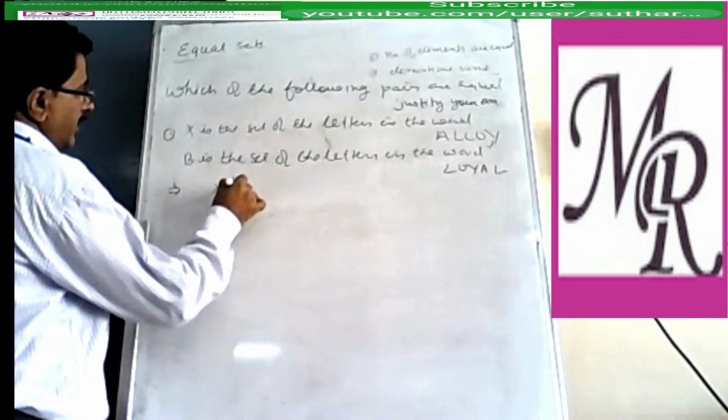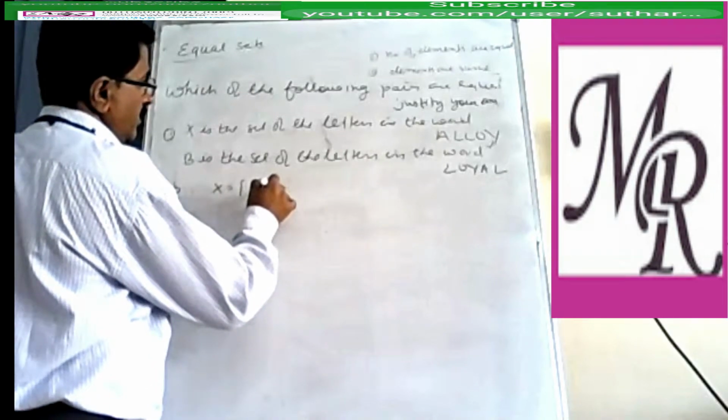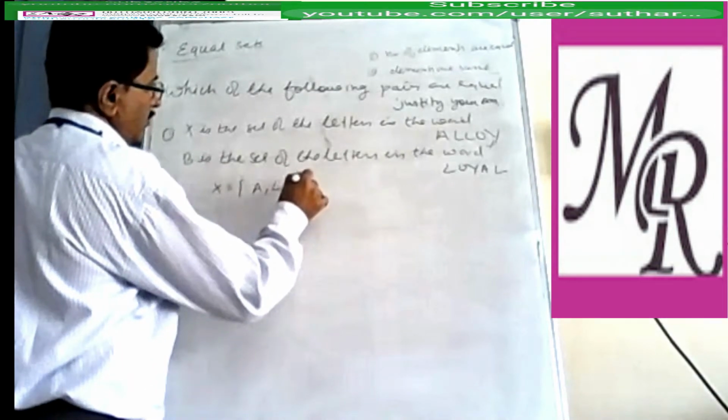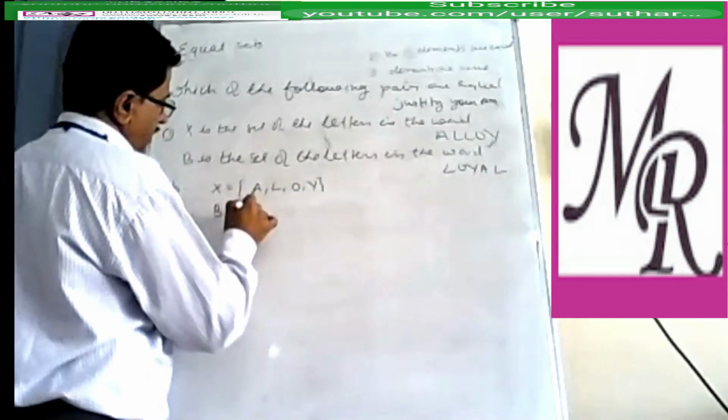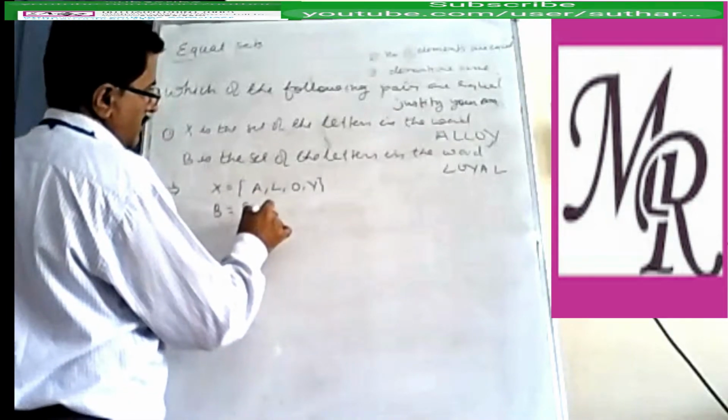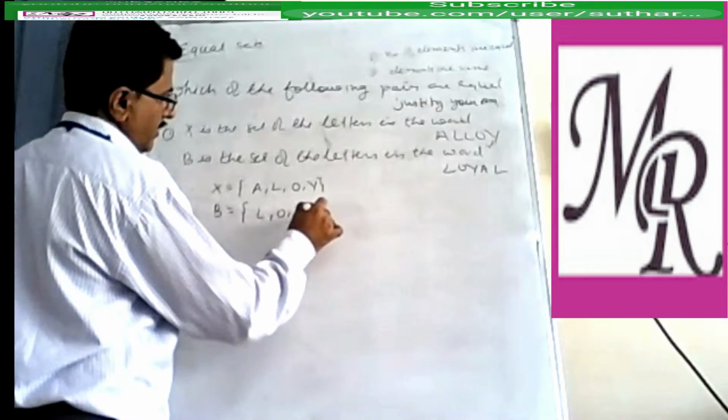This is clear, beta? So what elements will X contain? Set X contains elements A, L, O, Y, and set B contains elements L, O, Y, A. So these are equal.